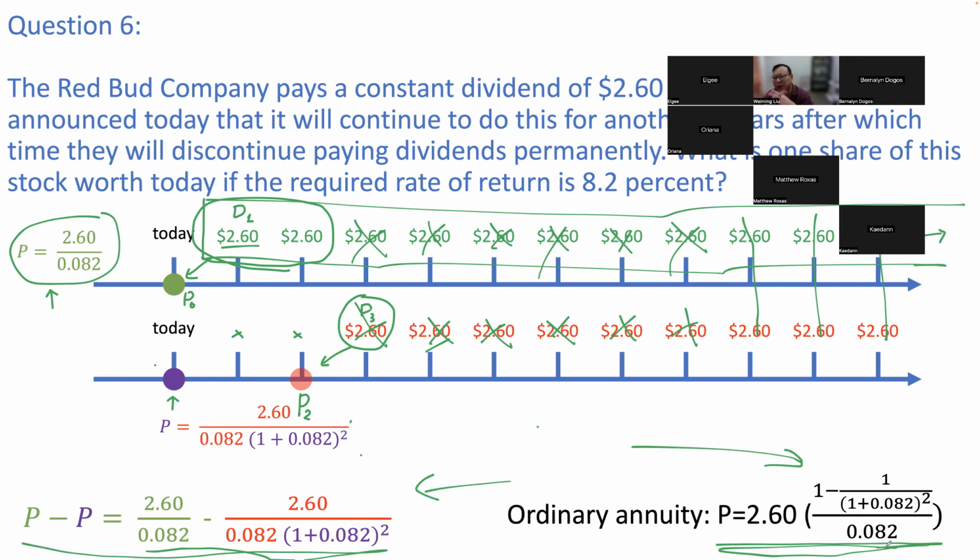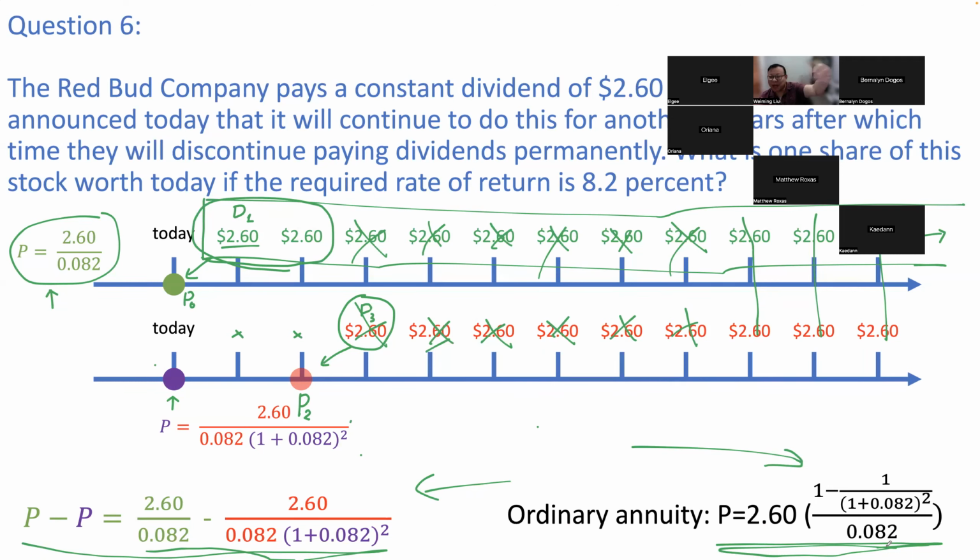So you have multiple ways to do it, okay? You can use the ordinary annuity formula directly, that's the 2 equal payments for 2 periods, n equals 2. You can also use the most straightforward approach, by discounting each cash flow and adding up the present values.